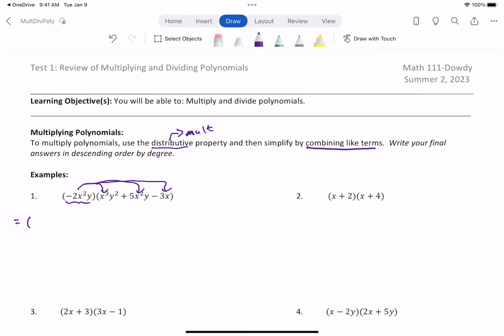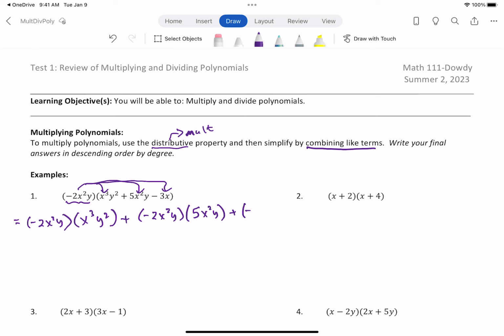But the first thing I'm going to do is multiply that monomial times the first term in the trinomial. I always put a plus so I don't have to worry about the sign. Then I'm going to multiply that same monomial times the second term in the trinomial.